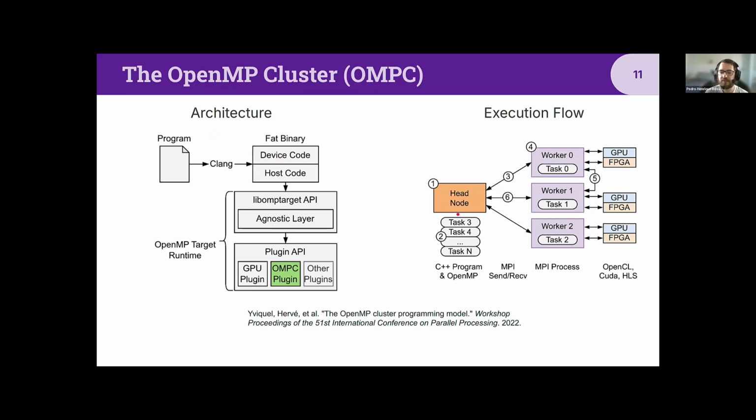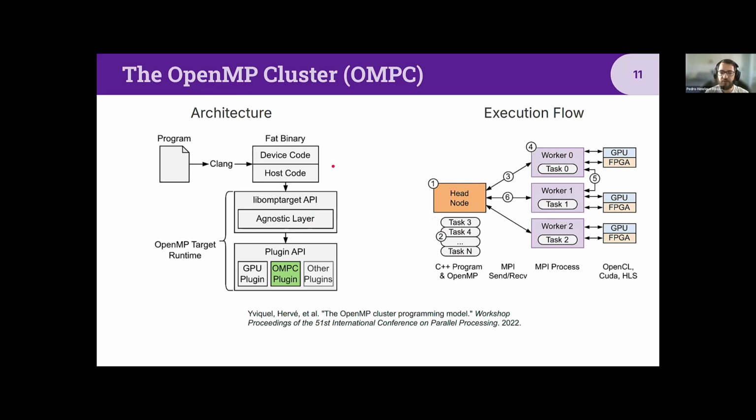You have a head node controlling your application, running basically the agnostic layer and generating tasks that are going to be offloaded to the workers in your cluster. These tasks are executed on the workers.